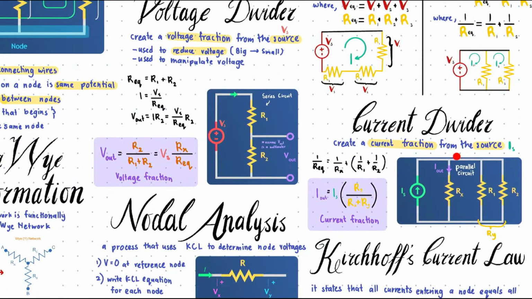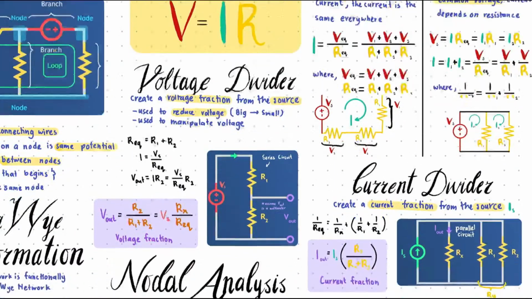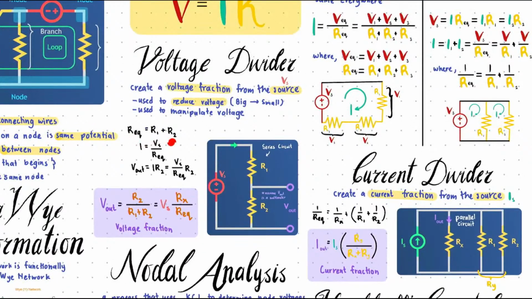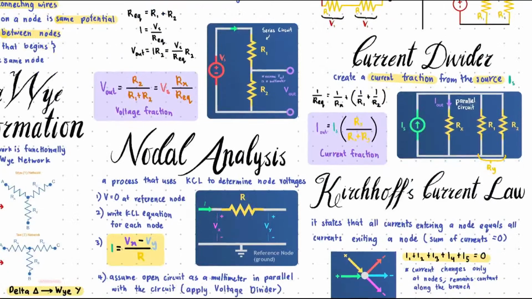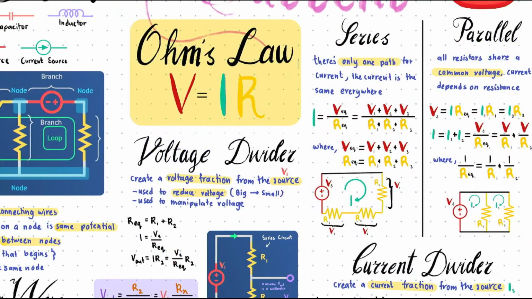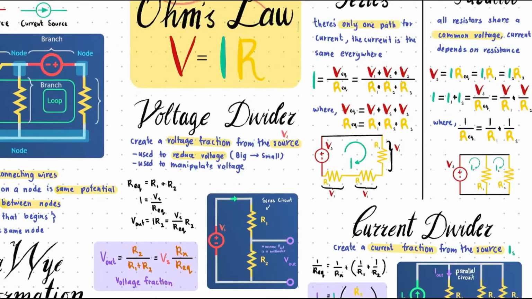A current divider originates from a parallel circuit. So the equations are about the same. R equivalent equals R1 plus R2. R equivalent equals 1 over R plus 1 over R plus 1 over R. So that's the similarities between the voltage divider and the series equation, and the current divider and the parallel equation here.